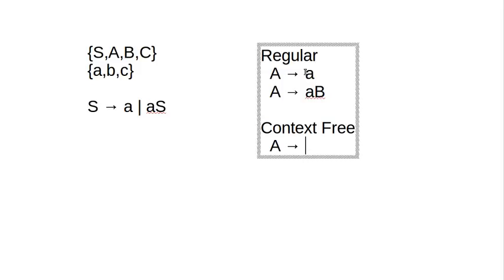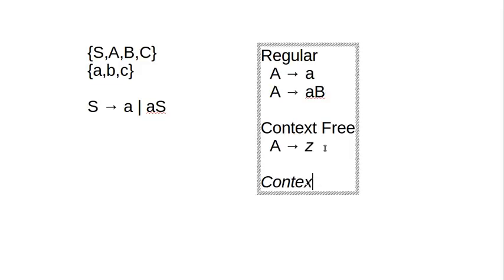How about doing italics for Z, where the italicized Z can be any combination of terminals and non-terminals. So basically I can take any string that I can generate from my alphabet, and it's allowed to go on the right-hand side of a context-free production.